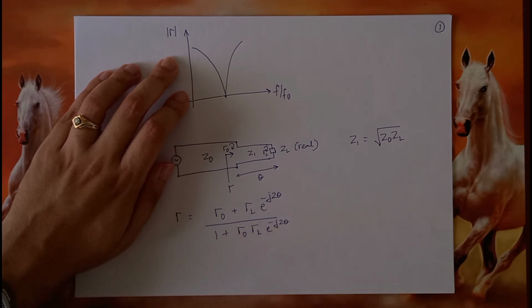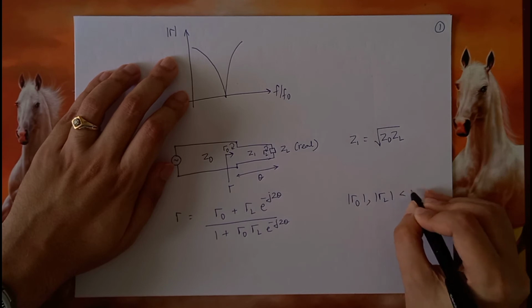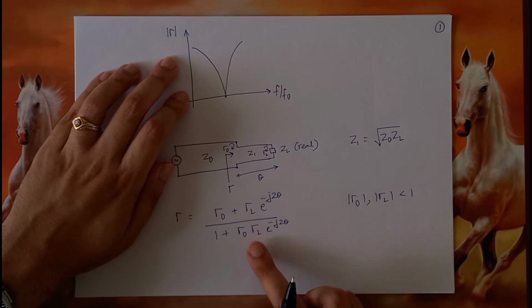That is not very difficult, because gamma 0 and gamma L by themselves have their magnitudes below 1 always, as we know. So the product of gamma 0 and gamma L would make the magnitude of that product even much more below 1. So there will come many times when the magnitude of this second term in the denominator can be very easily ignored, neglected, thereby making the denominator only 1.